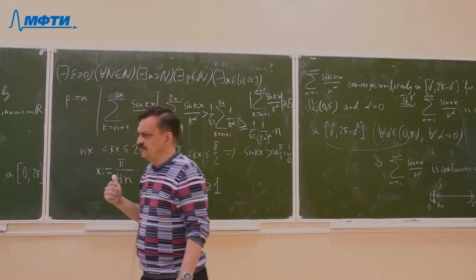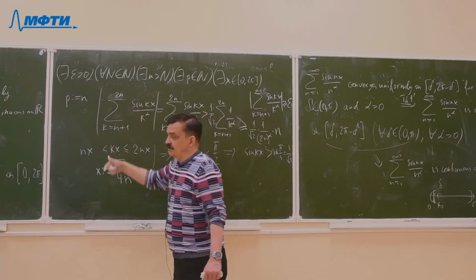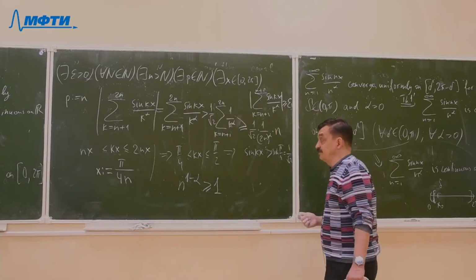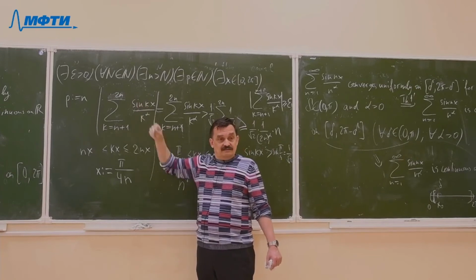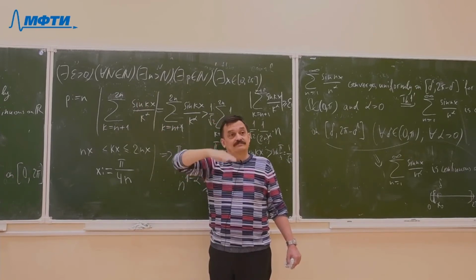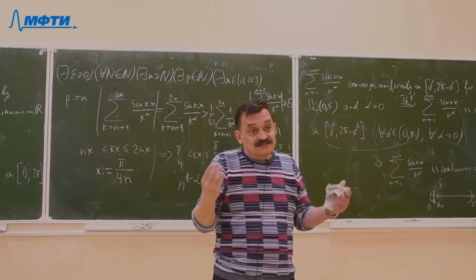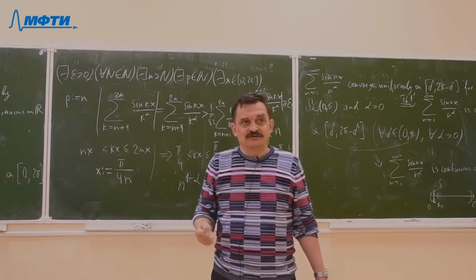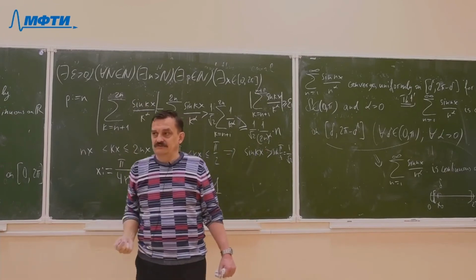We have infinitely many terms in the whole sum, but we need to estimate somehow. That's the point. You cannot estimate infinitely many terms. Why? Because the values of sine oscillate, plus, minus. That is difficult, right? You need to estimate the sum below.